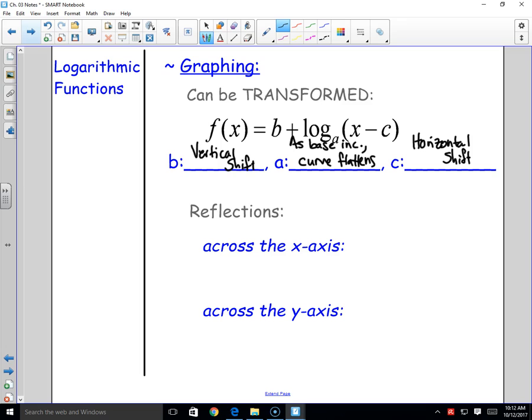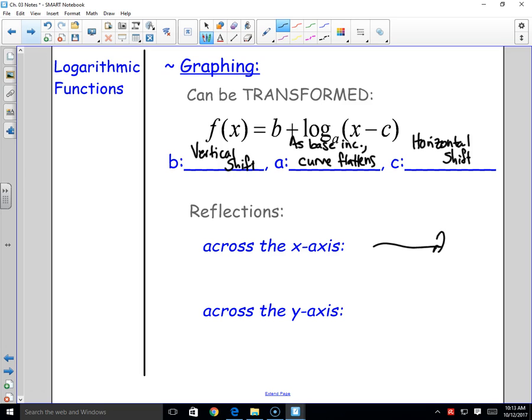Okay. Reflections. How do we get reflections? How do we flip stuff? By multiplying by a negative. So if we're trying to go across the x-axis, is that a horizontal or a vertical? Think flipping around the x. It's an up, down. It's a vertical. I know it's weird. The x is horizontal. That's true.